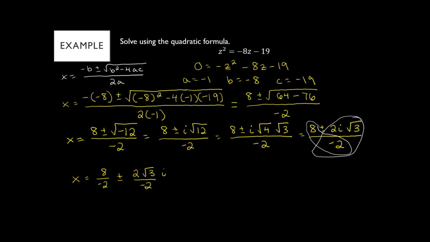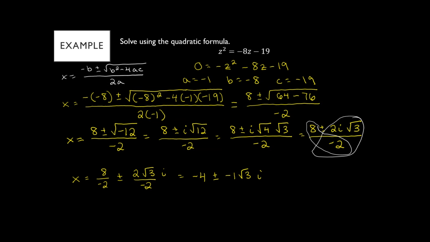If you split it up like this so that you have that plus or minus in the middle and they both have the same denominator, it's a lot easier to simplify because you can see the 8 over negative 2 comes to negative 4, plus or minus. And then the 2 divided by negative 2 is a negative 1. So we'd get a negative 1 and then our square root of 3i.